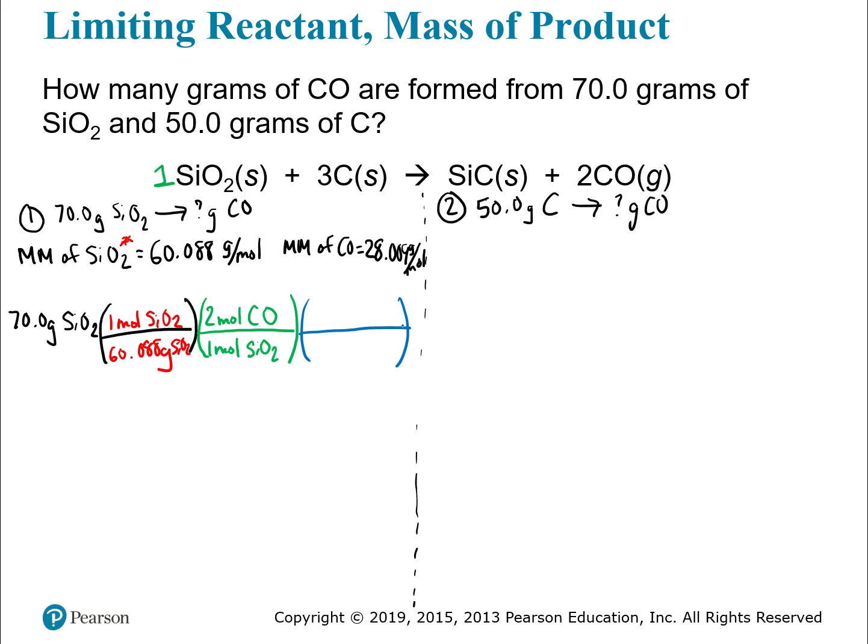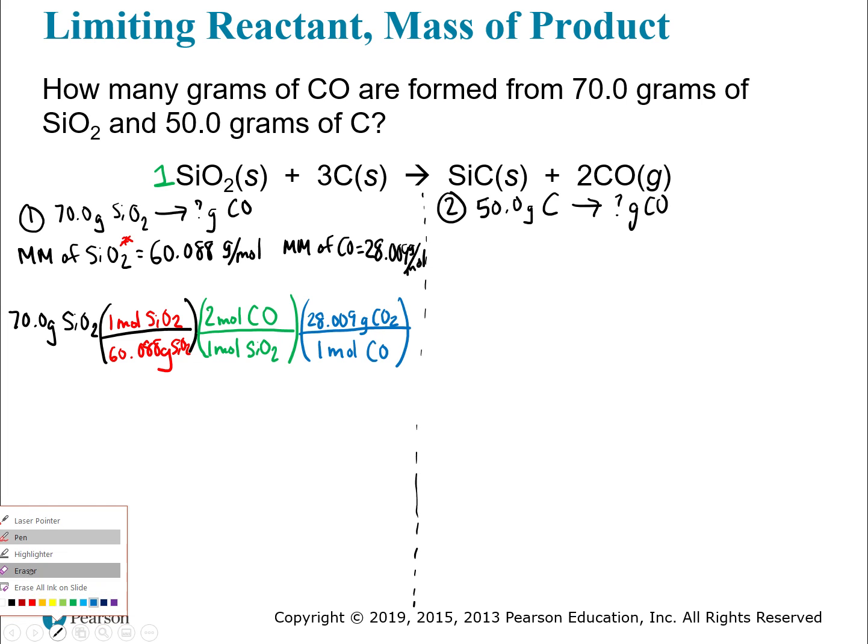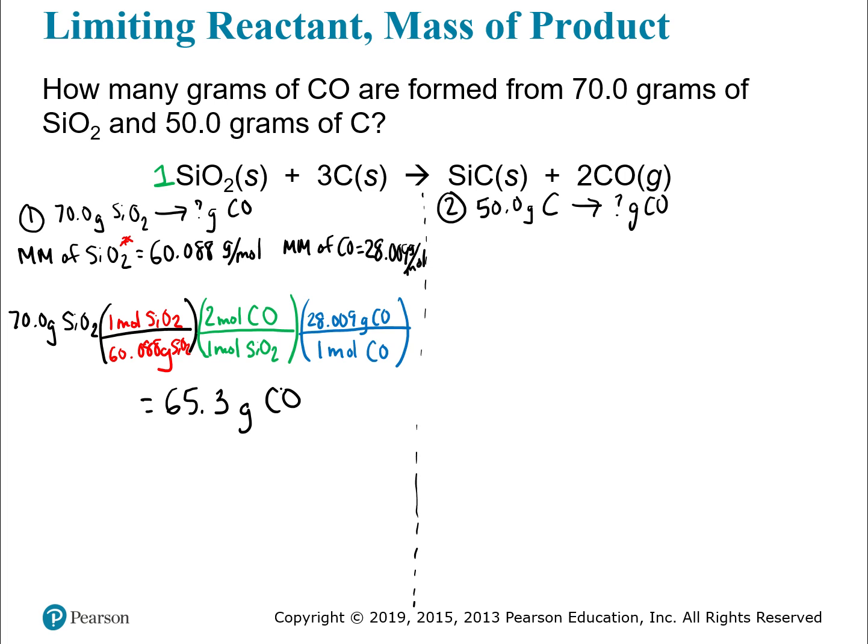The final part, we're going to take the molar mass of carbon monoxide and use it to convert to the number of grams of carbon monoxide. When you do all that multiplying and dividing, you get 65.3 grams of carbon monoxide.